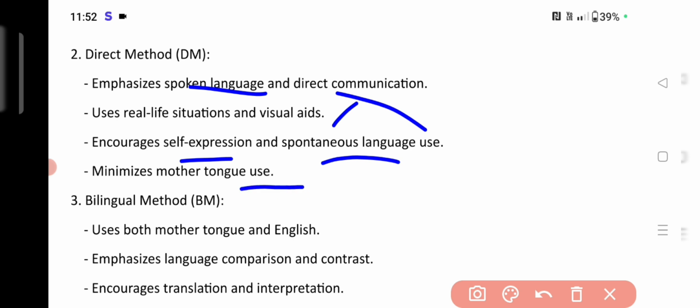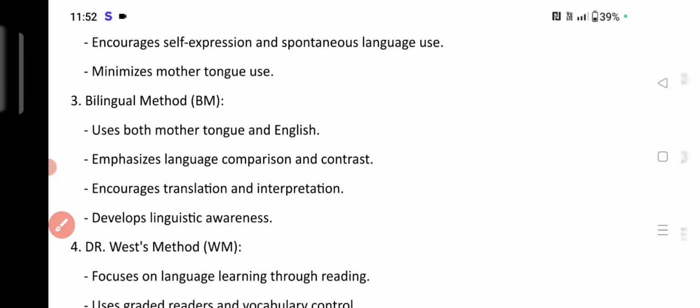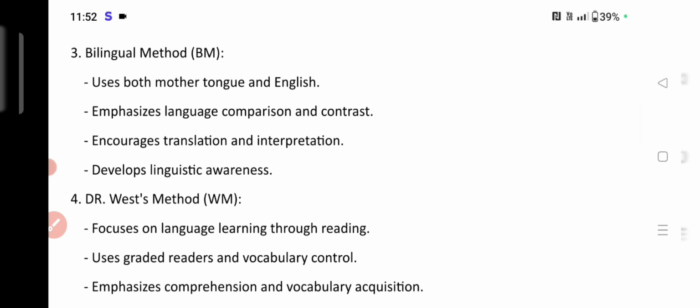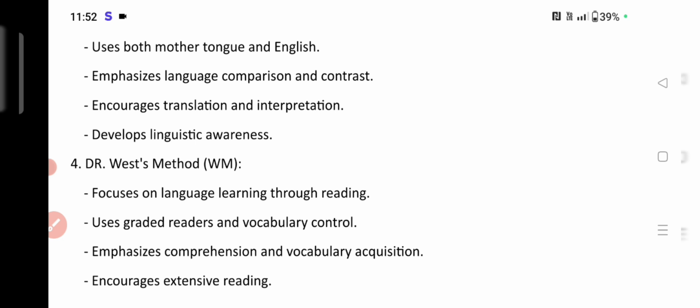Here the mother tongue usage is less. Coming to the bilingual method, which uses both the mother tongue and the English language. It emphasizes language comparison and contrast, encourages translation and interpretation, and develops linguistic awareness.